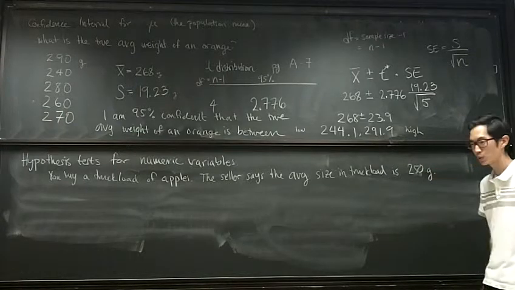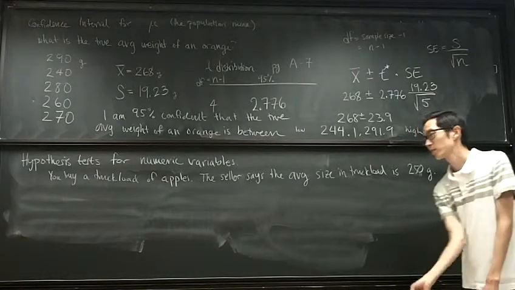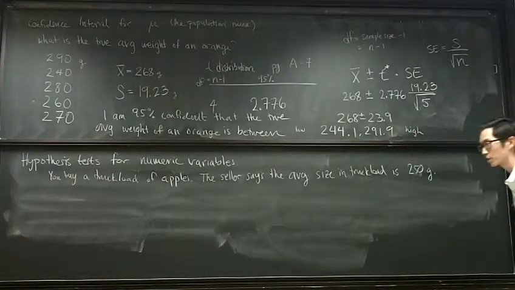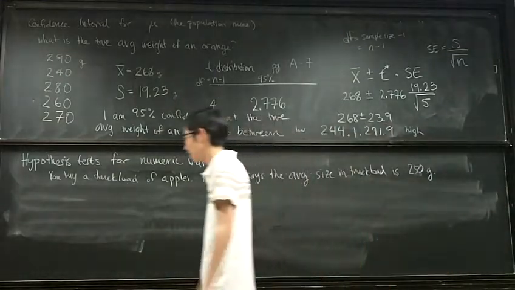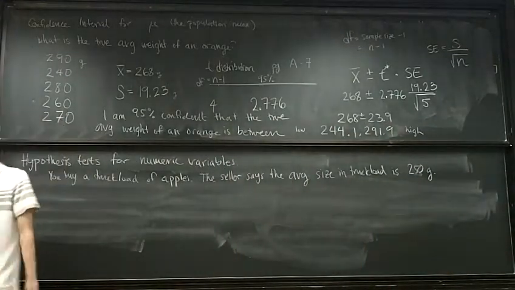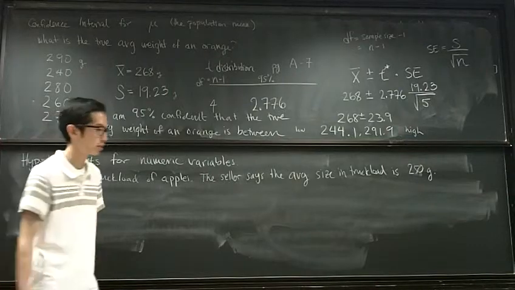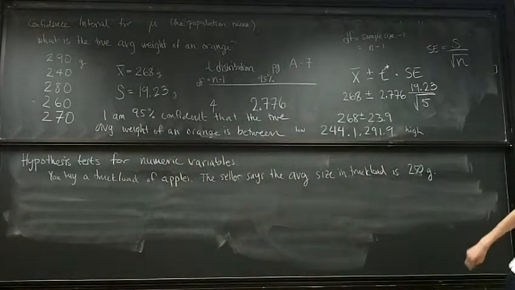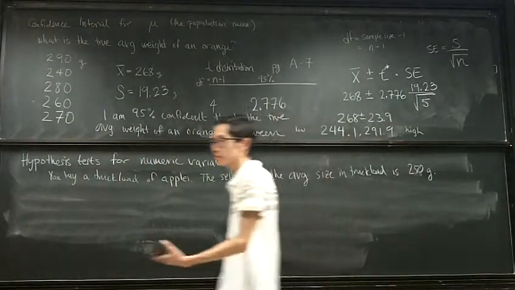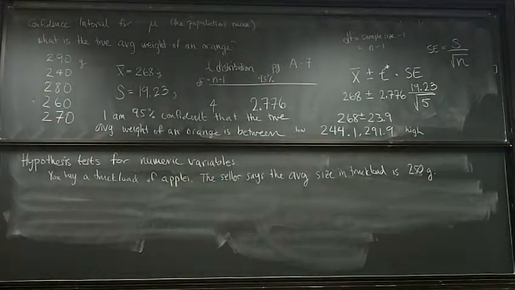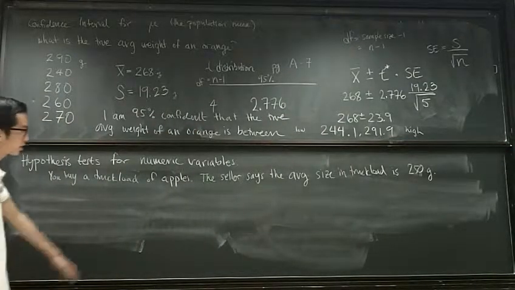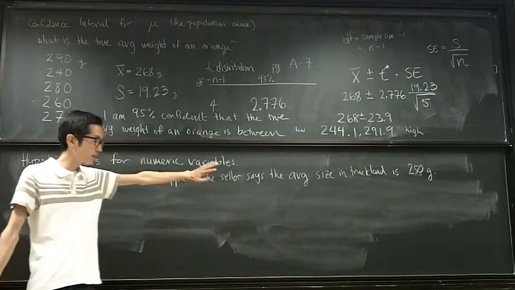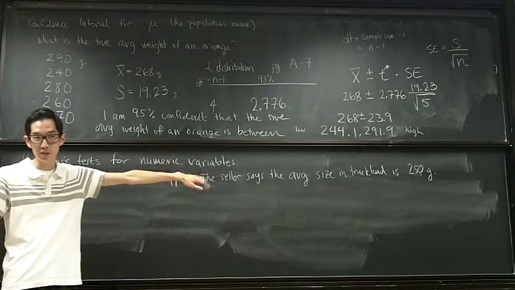Each apple, 250 grams. So those are actually pretty big apples. The average size of the truckload is the population. So the truckload is the population, okay?